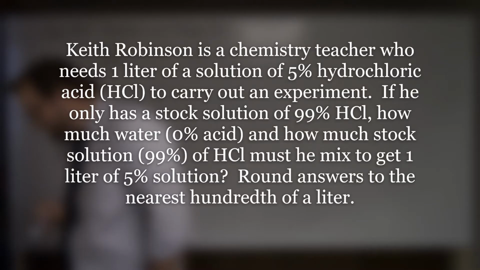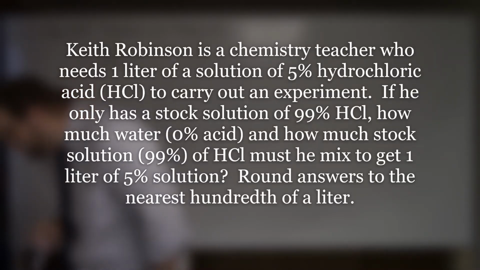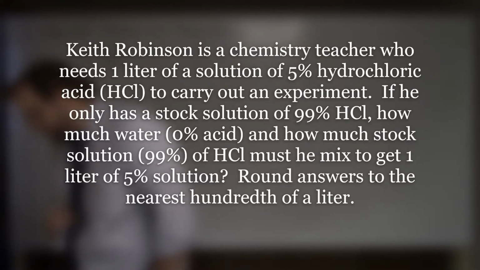If he only has a stock solution of 99% hydrochloric acid, how much water, which is 0% acid, and how much stock solution, which is 99%, must he mix to get 1 liter of 5% solution? Round your answer to the nearest hundredth of a liter.